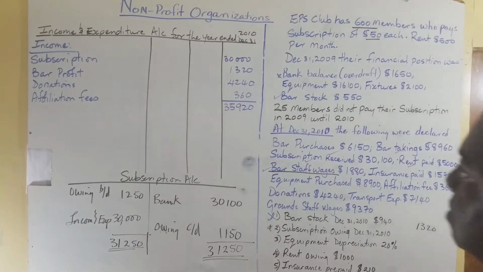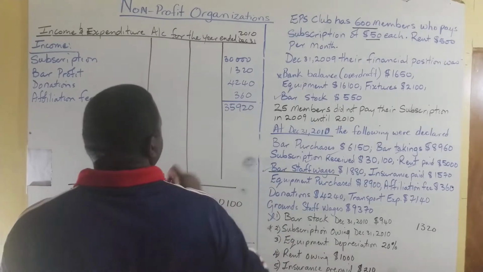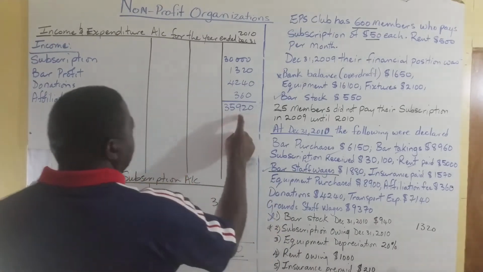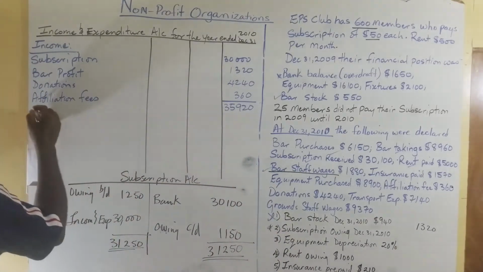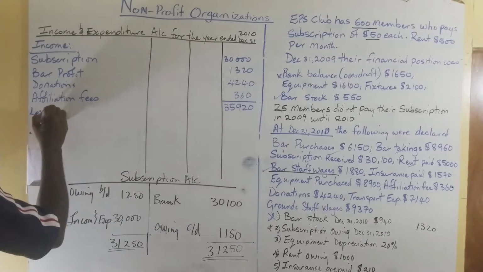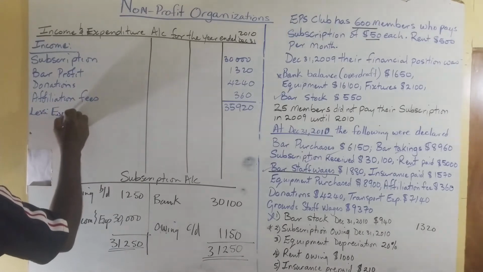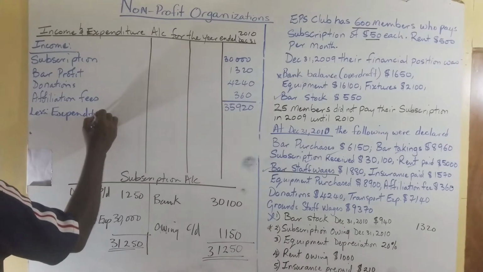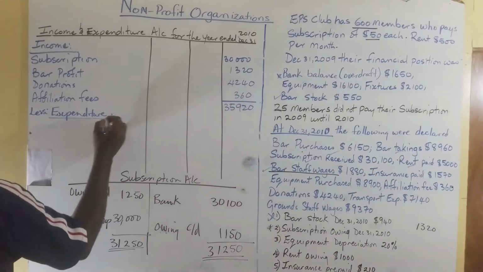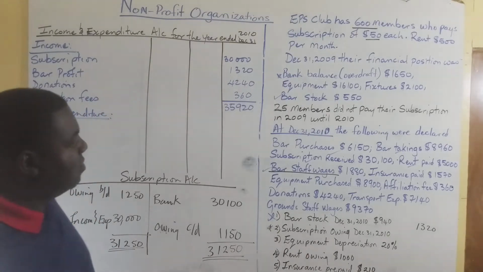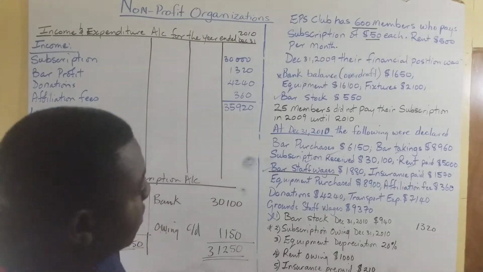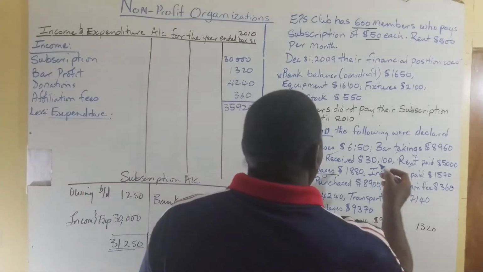So the total income is 35,920. We must now subtract, or less, our expenditure. All right, and we are going to start now by going through the listing here.